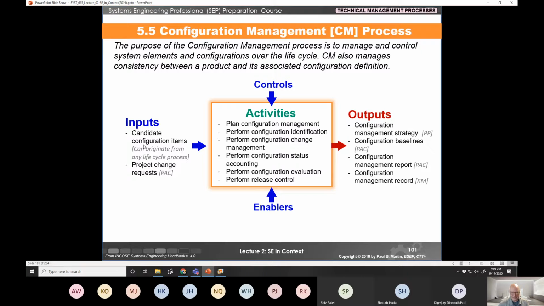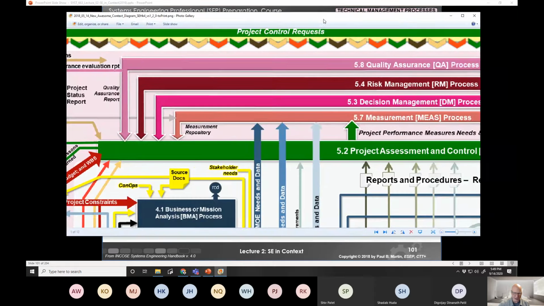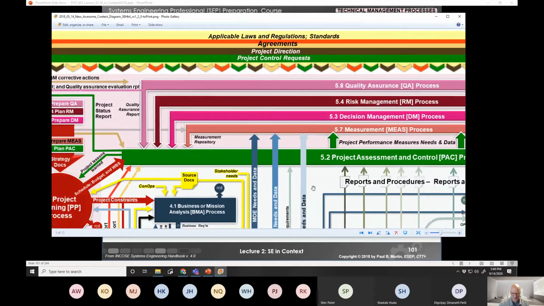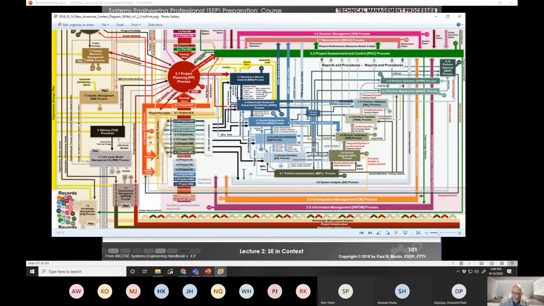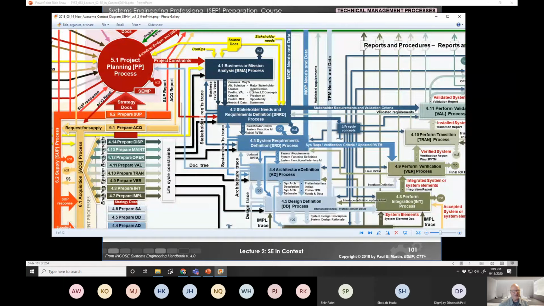So notice over here, these candidate configuration items can originate anywhere within the process. So this is, let me go back here. You'll notice that CM's down here. It goes all along the way. It's because you have things coming out of each of these processes that need to be configured. So for instance, you would have a preliminary life cycle concept.